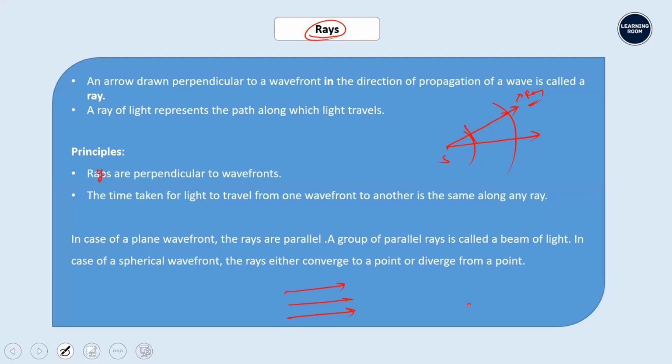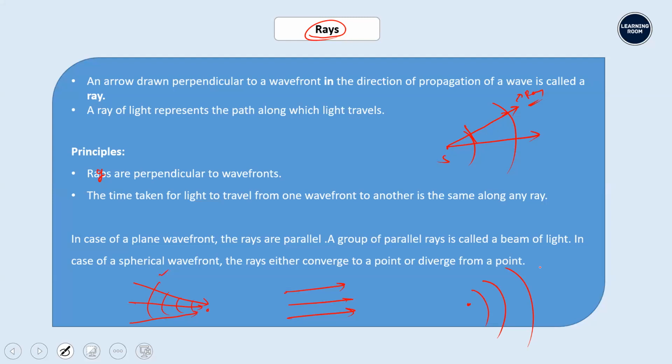Whereas when I talk about the point source, how will the wavefronts look like? In the case of spherical wavefront, the rays either converge to a point or diverge from it. Suppose I give you a set of wavefronts like this. I'm asking you to draw the rays perpendicular to it. Then you will draw the rays perpendicular so that they all get converged at a particular point.